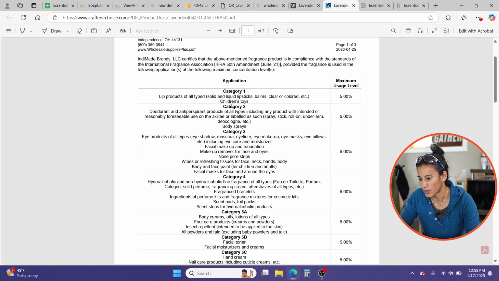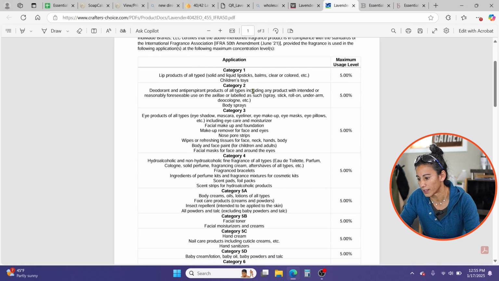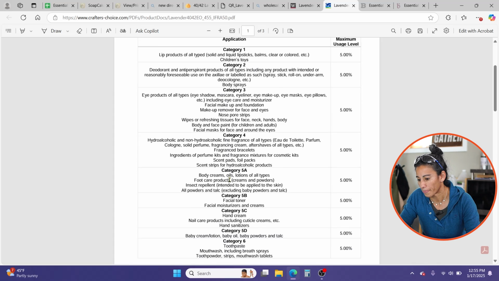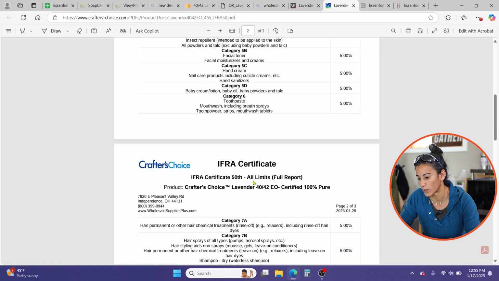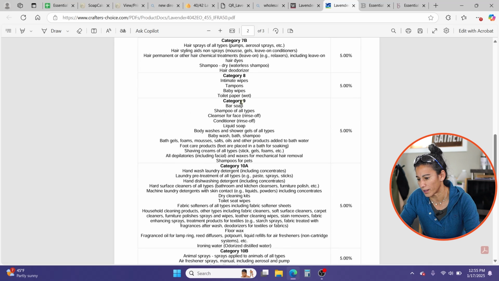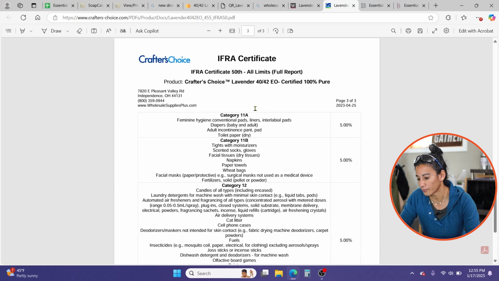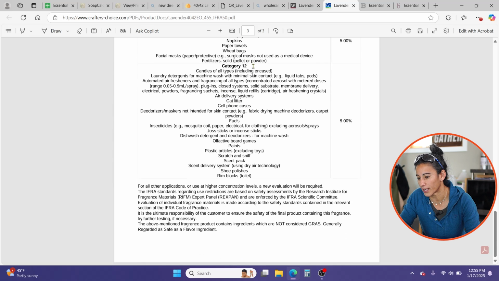Okay. So here's their categories, and they actually have it set up a little bit differently, which might be more intuitive because here it'll tell you all the different categories and what's in there. And I believe that category 9 says bar soap right in here. And as I mentioned earlier, I thought category 12 was candles, and it is.